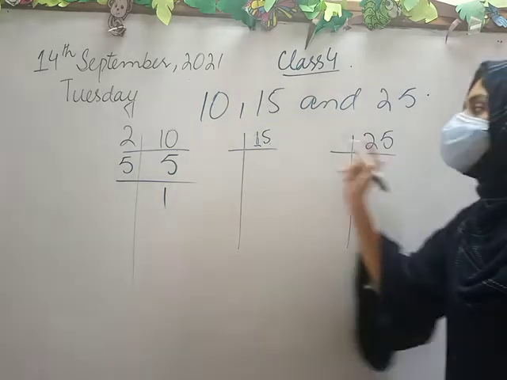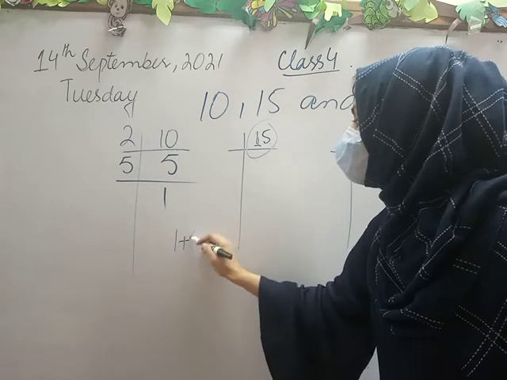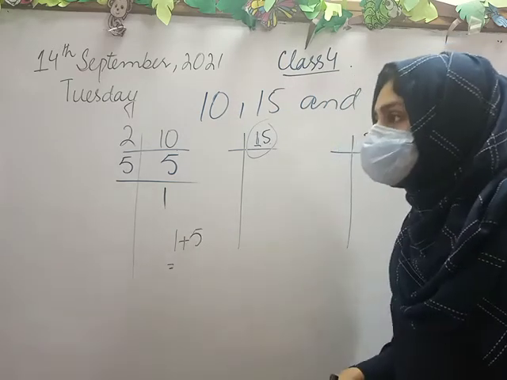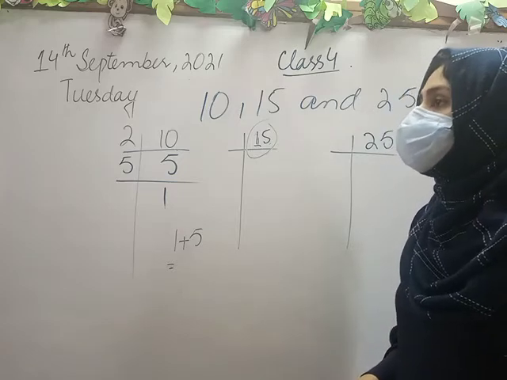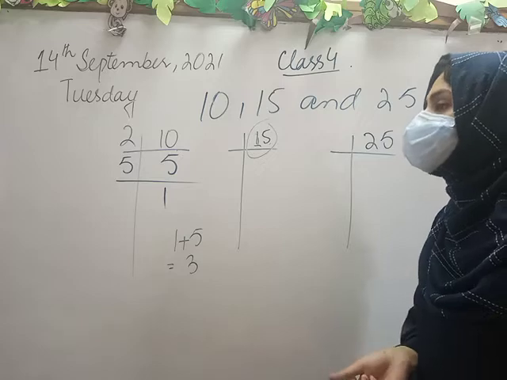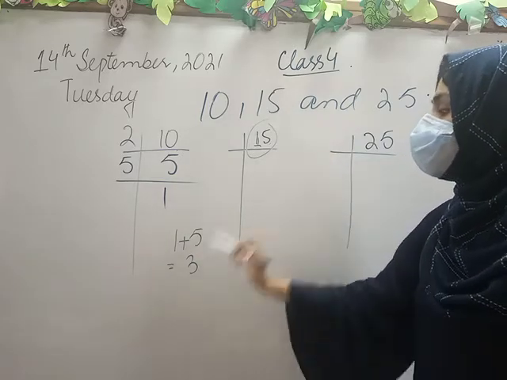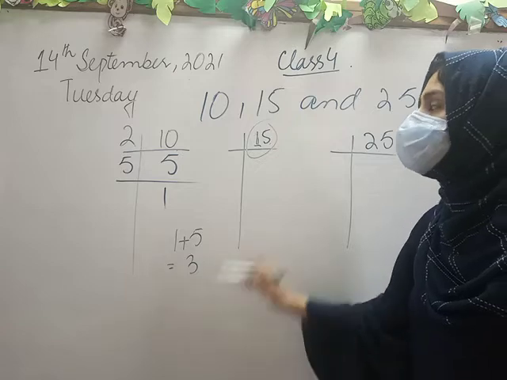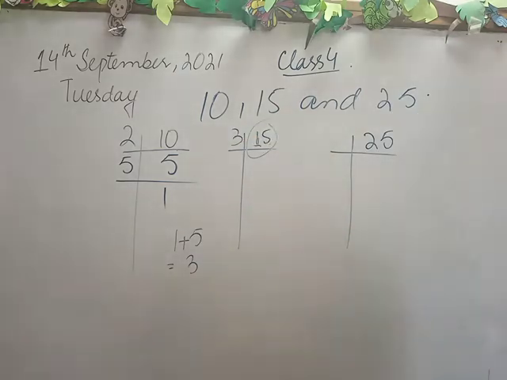So we will take two numbers to add because we will check the divisibility rule for number 3. 1 plus 5 is 6, so the given number after adding the digits is divisible by 3. So I will take from 3.